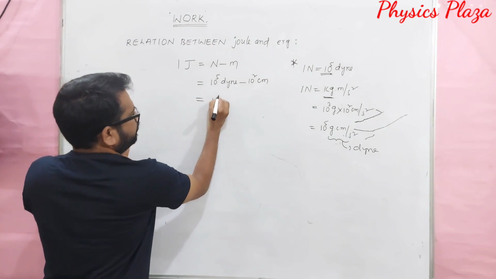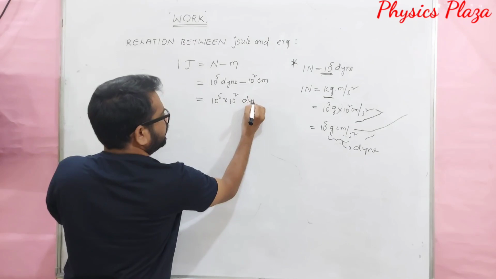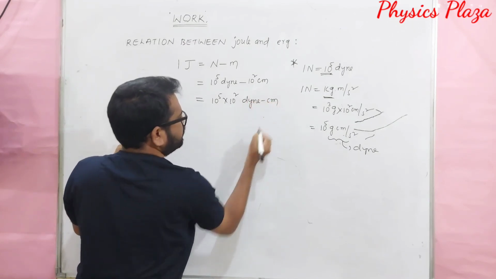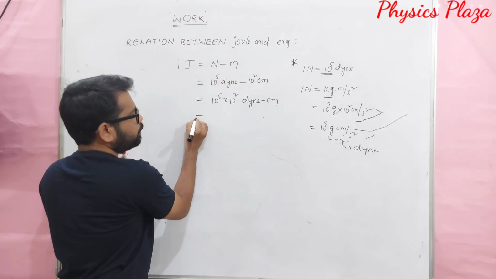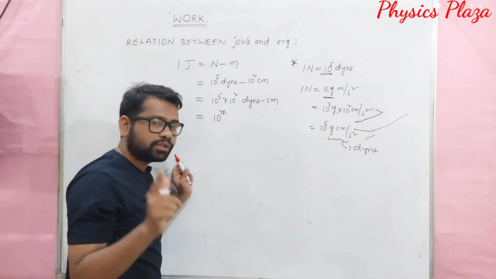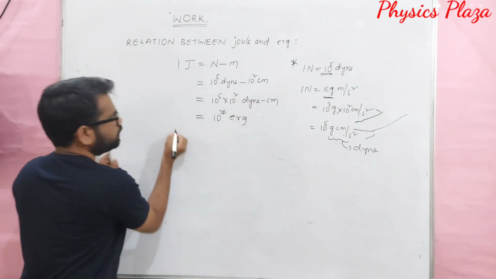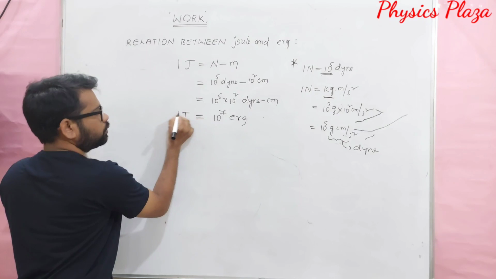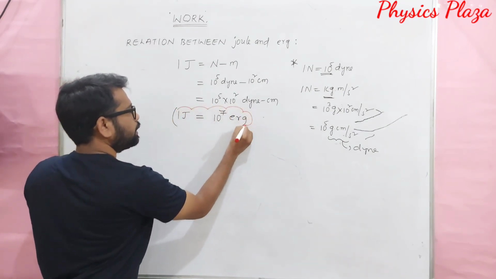We can write 10 power 5 into 10 power 2 dyne centimeter. It will be 10 power 7. Dyne centimeter is called erg. So children, 1 joule is equal to 10 power 7 erg.